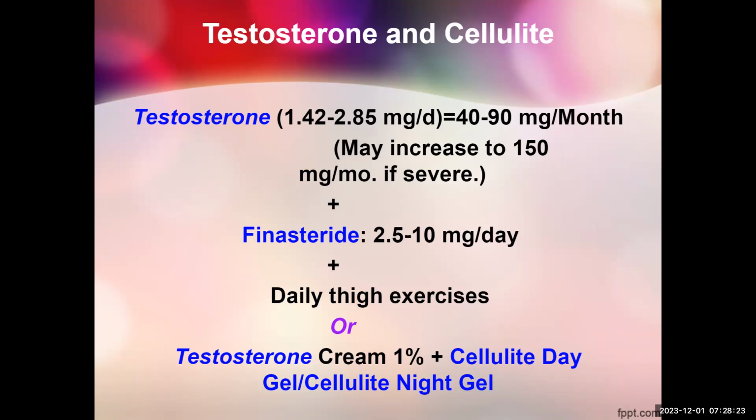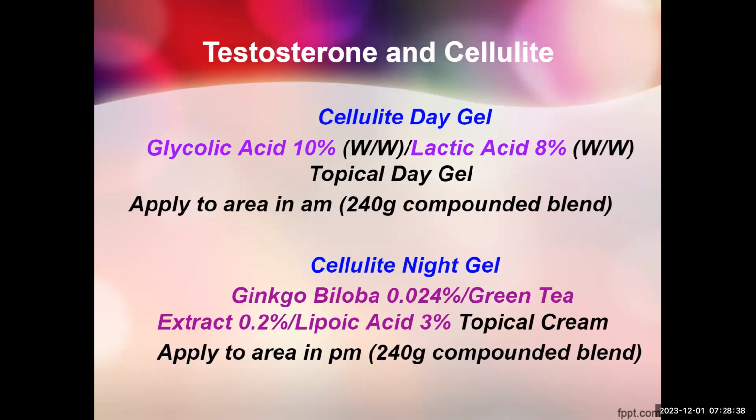So 40 to 90 milligrams a month. You can make a cream with that, with finasteride, and have them do daily leg exercises to reduce cellulite. There's expensive stuff you can inject now that's a lot more profitable, but this stuff does seem to work.